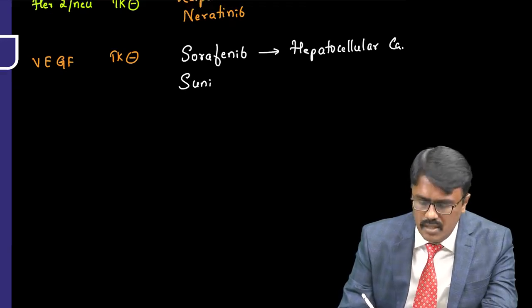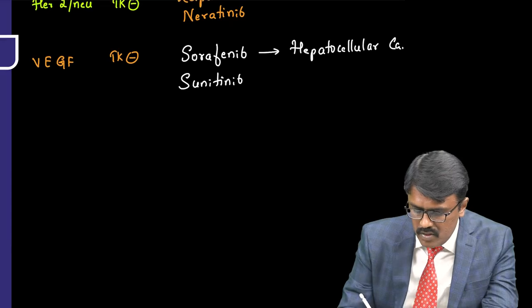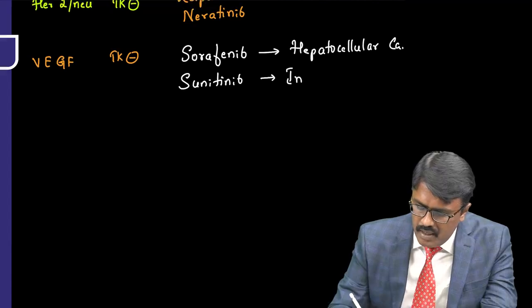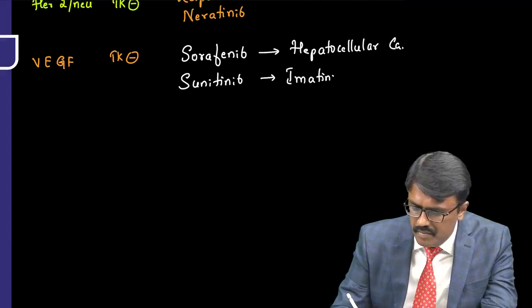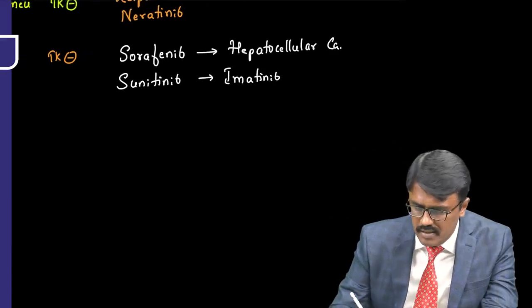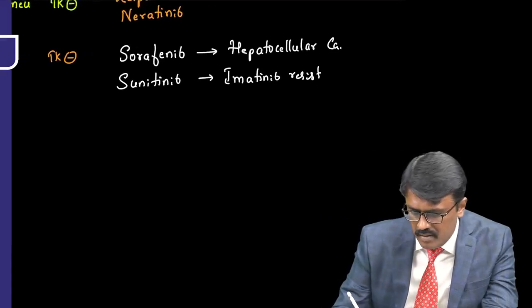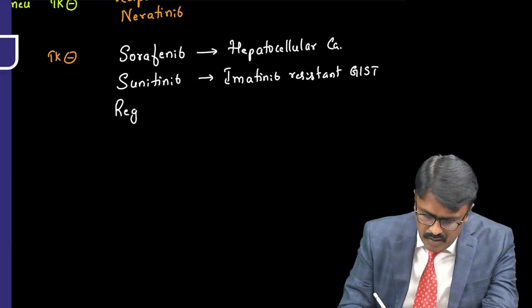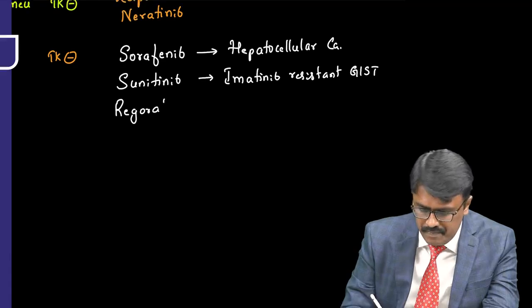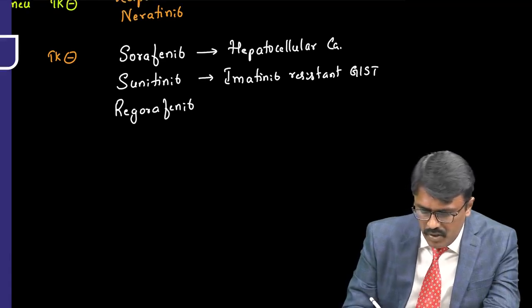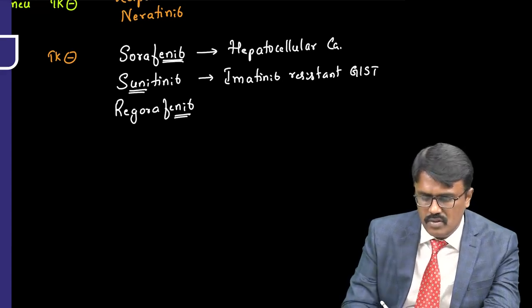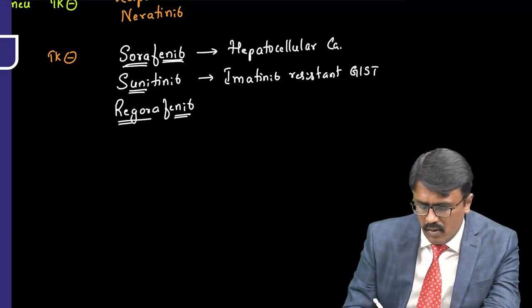It is called sunitinib. So sunitinib is used to treat imatinib resistant GIST cases. And one more is called regorafenib. So you read them, they end with fenib. One more is sun, sora, suni, regora.